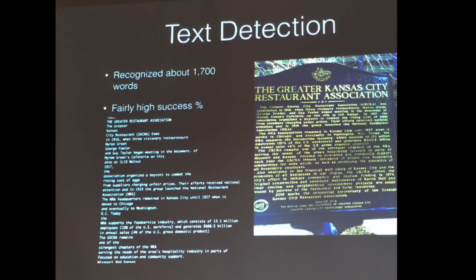Text detection, same thing as OCR. I thought this was really cool. I want to take a picture of a sign, and I just want to know what it says without typing it out. This stuff's hard to read. It's a fairly high success rate. Some of it's not good. There's some misspellings, some missing letters. And the format it gives you in is a little bit difficult.